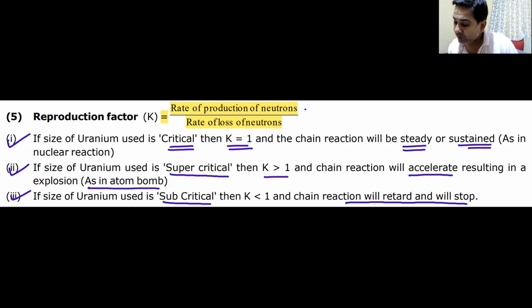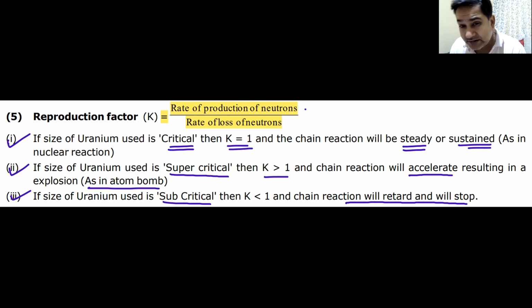Got this, bacha? Sir, explain critical size, sir. It is the minimum size that is required to carry on a nuclear reaction. If the size is less than that, the nuclear reaction will stop. If the size is more than that, the nuclear reaction will accelerate and you will have an atom bomb. Got it?